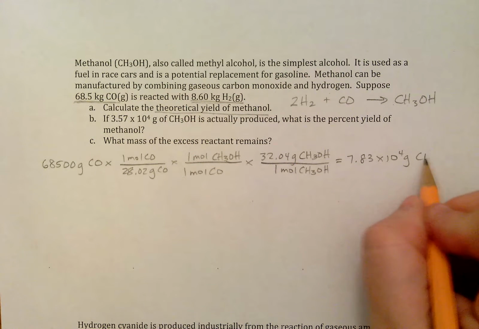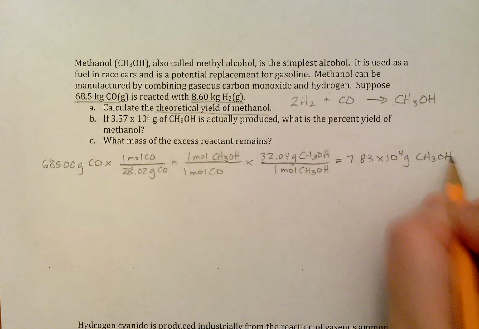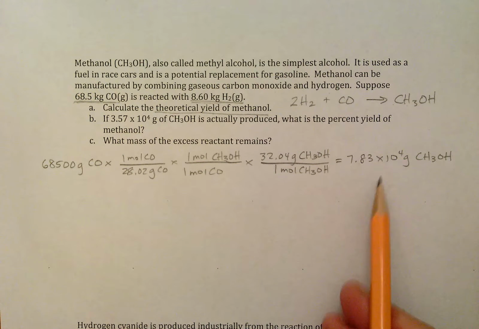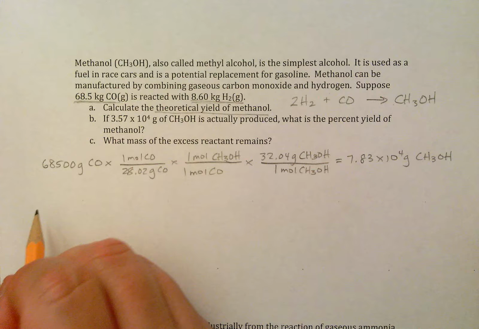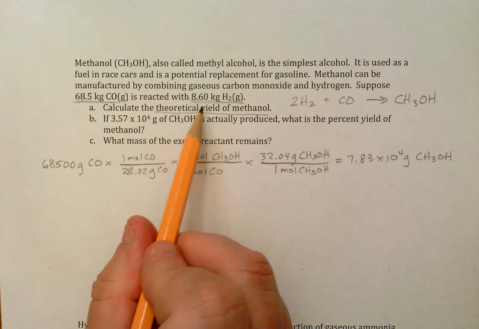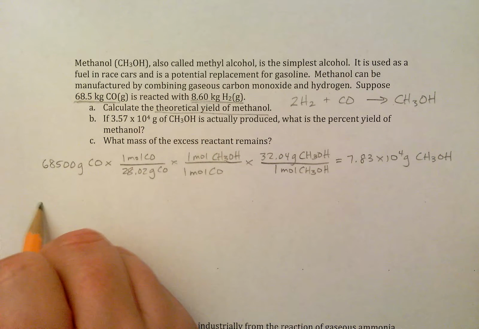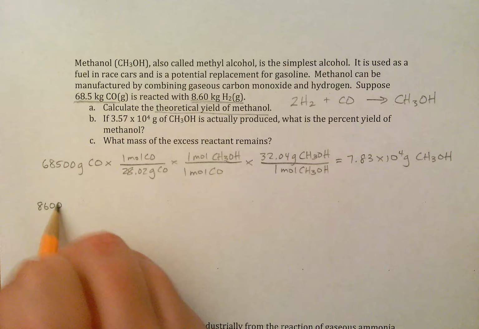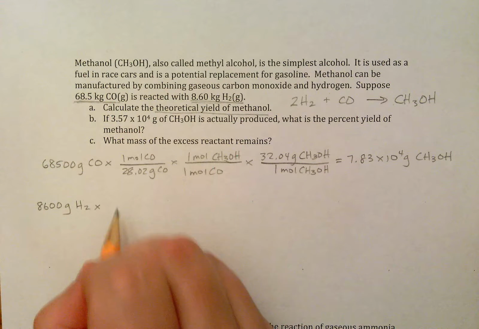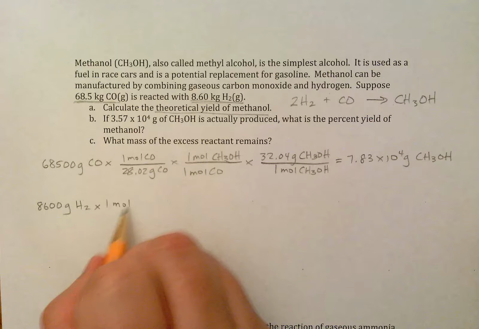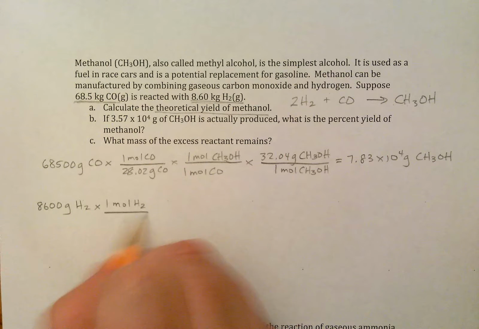So I don't yet know if that's right. I don't yet know if that's my limiting reactant. I need to do another one. So I have 8.60 kilograms of H2. So I'm going to do 8,600 grams of H2. And 1 mole of H2 weighs 2.016 grams.